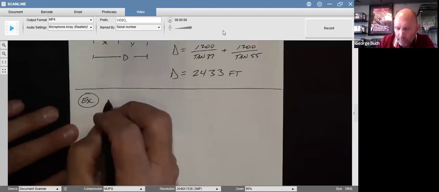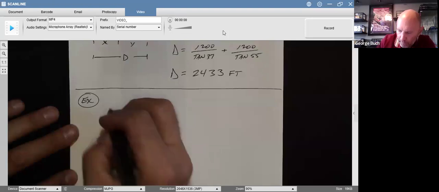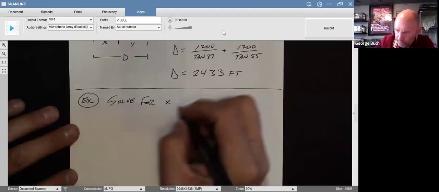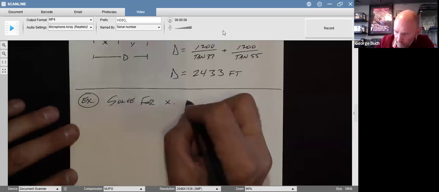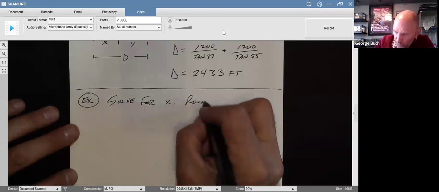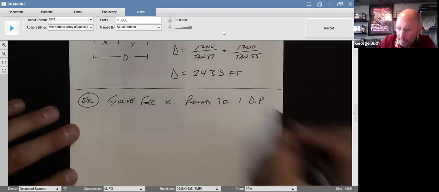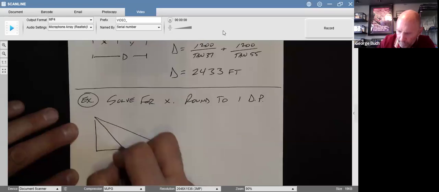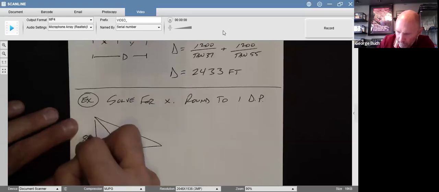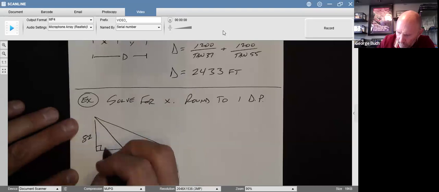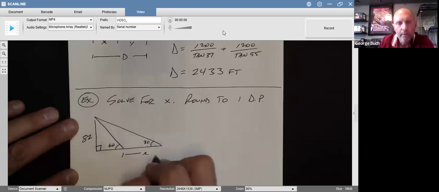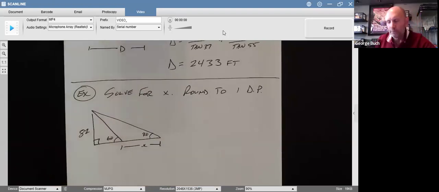All right, the next problem. Solve for X. Round to one decimal place. So we have this picture here.